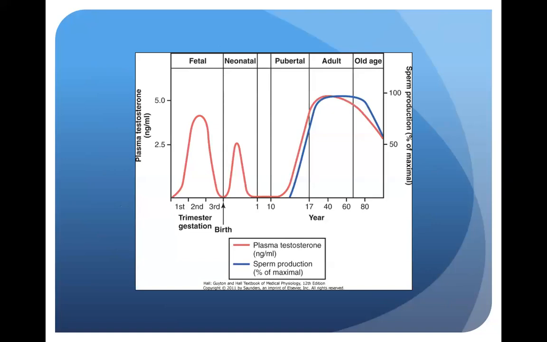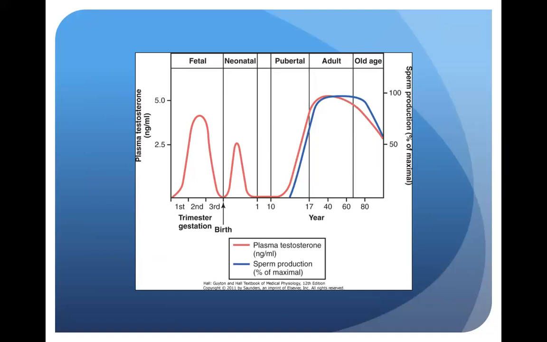Okay, this is a graph showing us that during fetal life, medyo mataas yung amount ng testosterone, bababa lang siya, and then may konting spike during neonatal period. Kasi nga, during fetal life, para magkaroon ka ng male sexual reproductive organs.